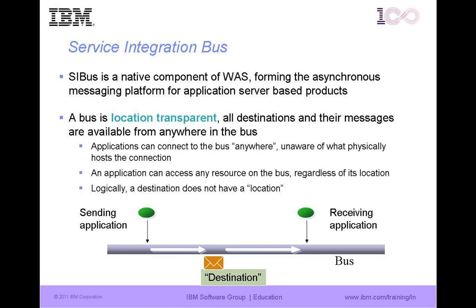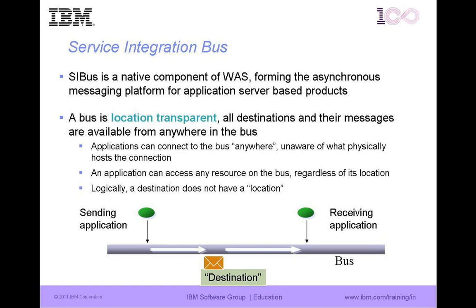For example, we know that in a WAS network deployment edition, we have the concept of cells, and a cell can have multiple nodes, and each of the nodes can have multiple servers. Now, a bus scope, or the Service Integration Bus scope, is all across the cell. So when you define a bus, the scope of it is available all across the cell.